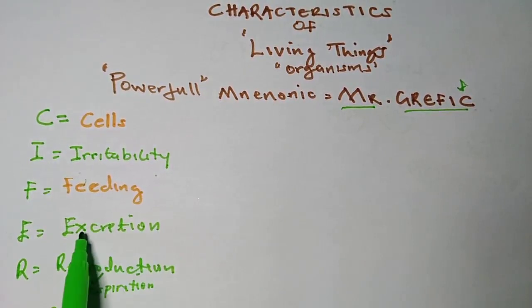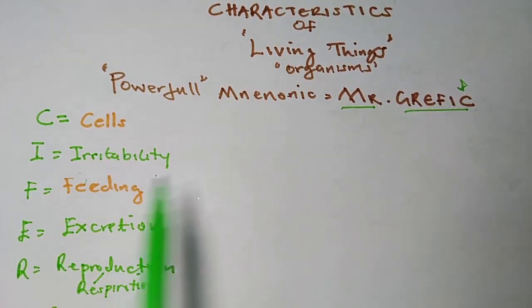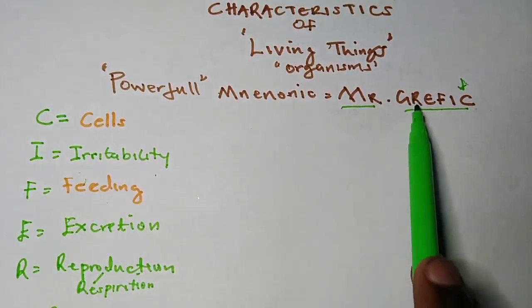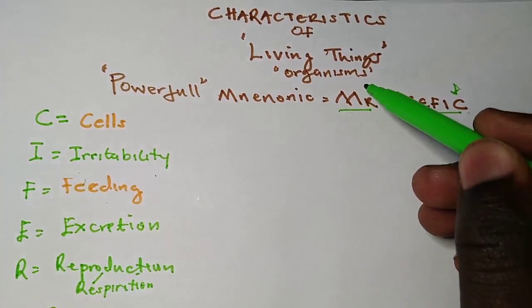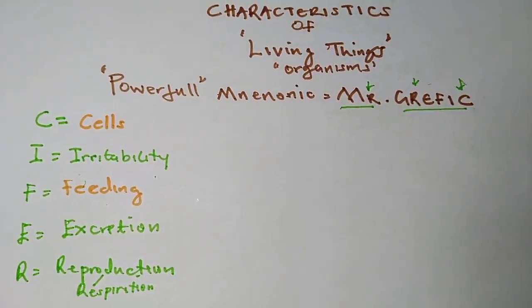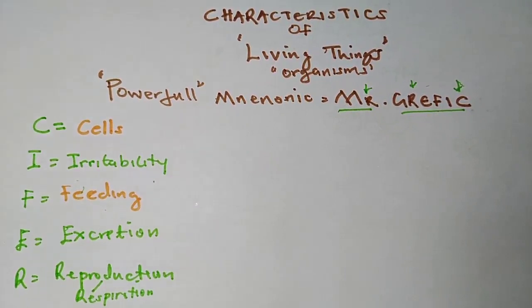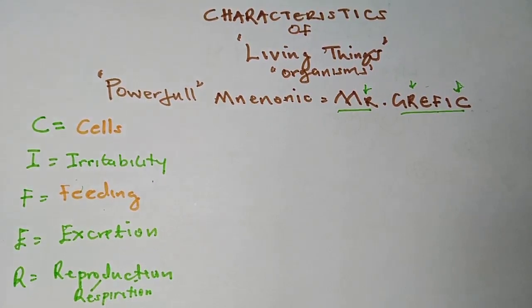Then you have F for feeding. For R, we have this first R and the other one here. Depending on what you want to start with, one is going to mean reproduction, the other one respiration, and so on. So now let's dive into this.